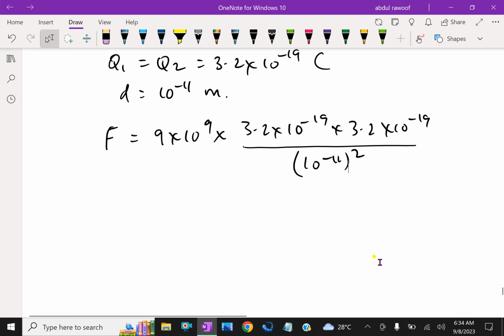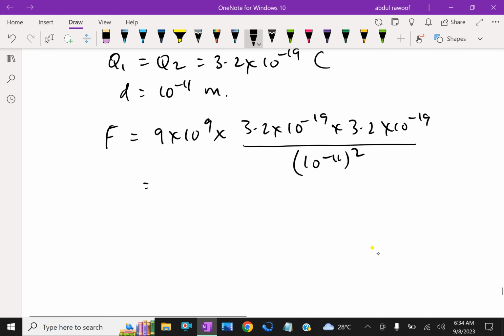So the calculation of 9 into 3.2 into 3.2 is 9.2 into 10 power, 9 and 19 and 19, and the denominator has minus 22, that is plus 22.